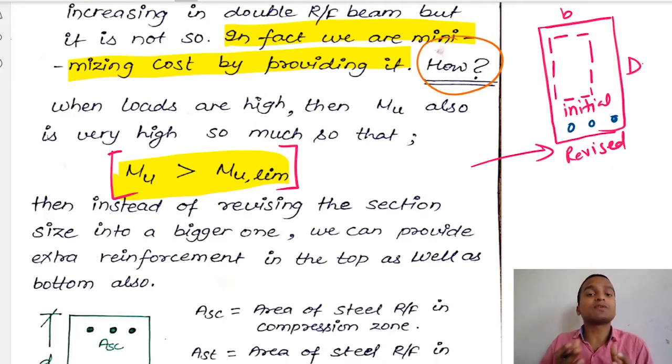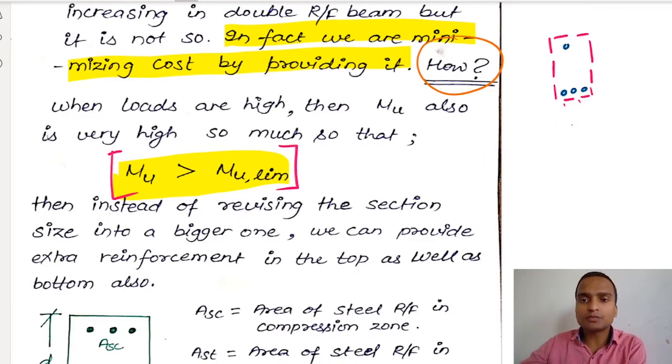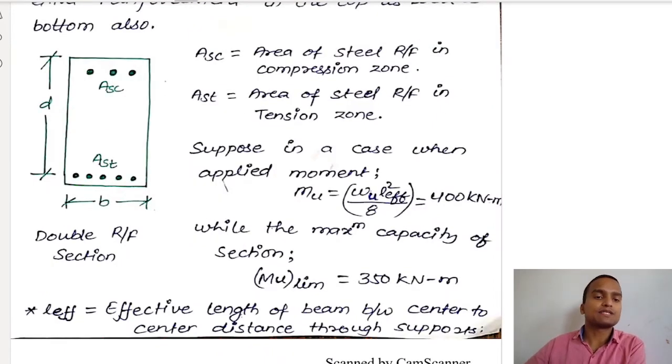So instead of revising the section and making it singly reinforced, we do not revise the section. Instead, we provide extra reinforcement in the top as well as the bottom. We also provide a few reinforcement bars in the top. This is the beam which is a doubly reinforced beam.